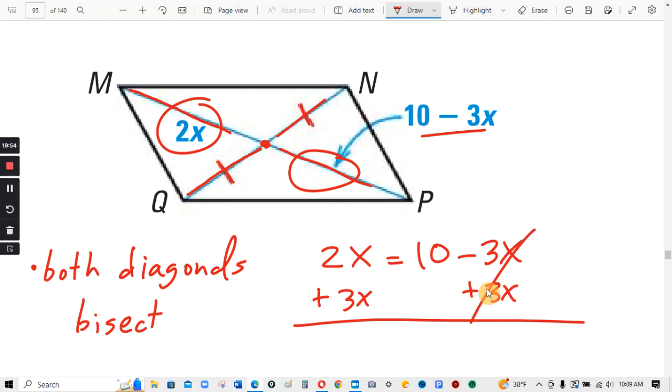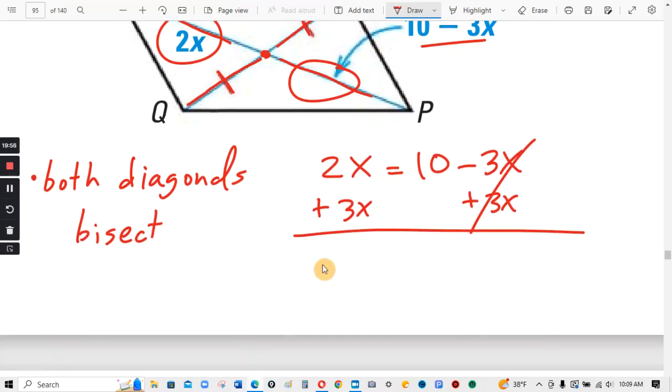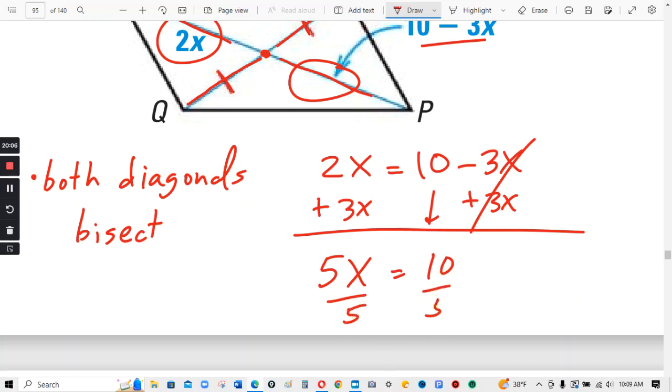It cancels here. And of course, 2 plus 3 is 5. Bring down your equals, bring down your 10, and solving for x, if you divide both sides by 5, it cancels right here, and 10 divided by 5 is just 2.